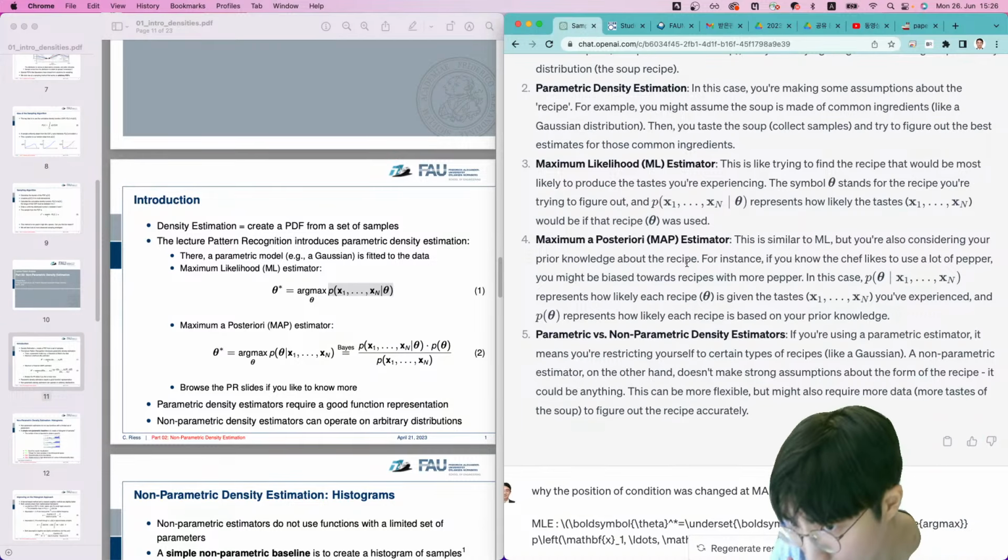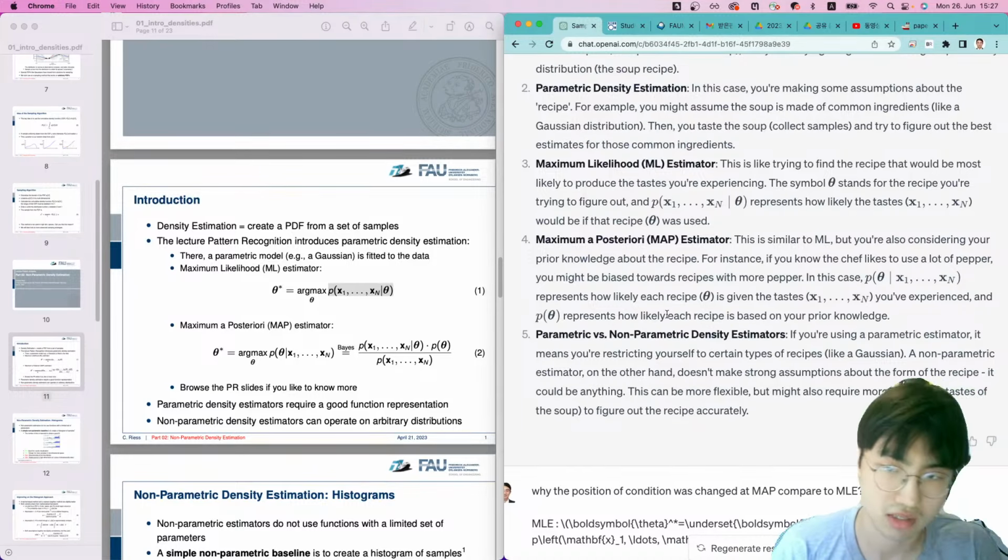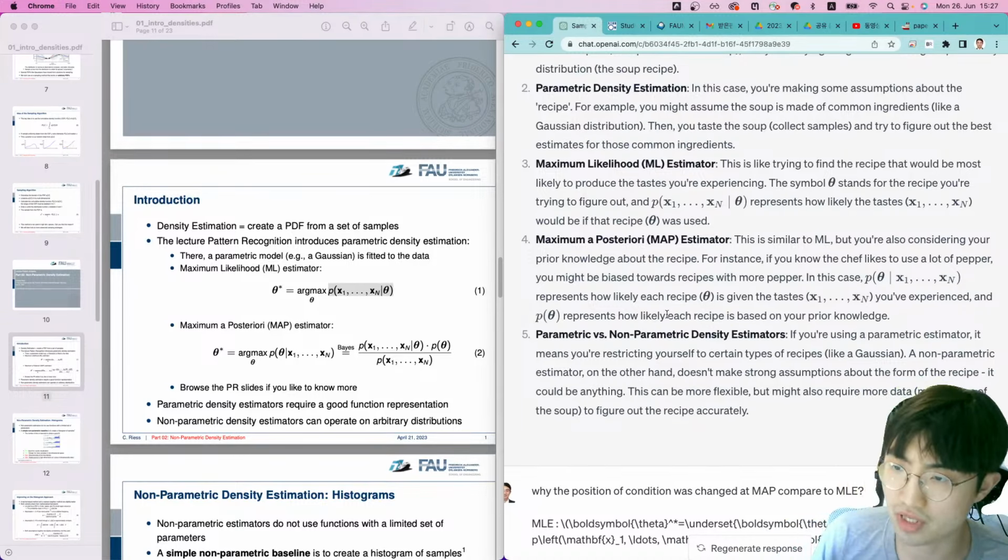For instance, if you know the chef likes to use a lot of pepper, you might be biased toward recipes with more pepper. In this case, P of zeta given x1 to xn represents how likely each recipe is given the taste you've experienced, and P of zeta represents how likely each recipe is based on your prior knowledge.